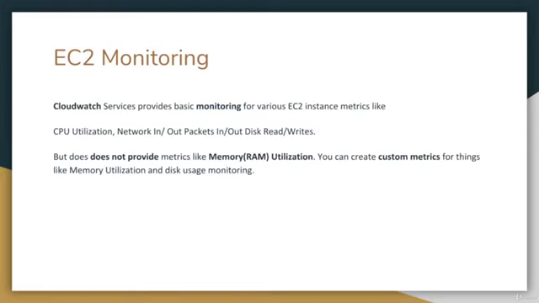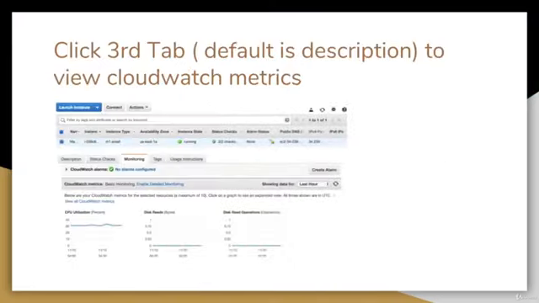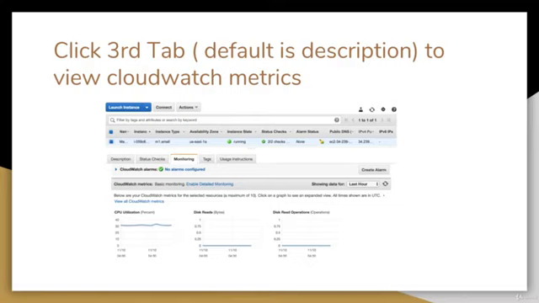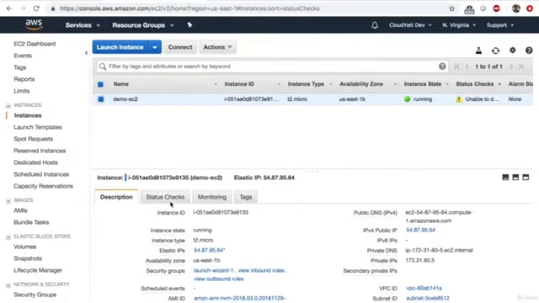You can also collect logs from your EC2 instances using the CloudWatch agent, and we have a lab on the CloudWatch agent, so we can work with it there. If you go to your EC2 instance, the third tab will show you the CloudWatch monitoring metrics. So let me go to my EC2 management console.